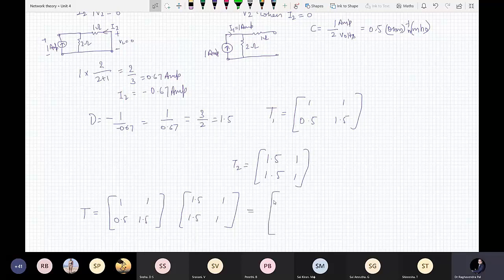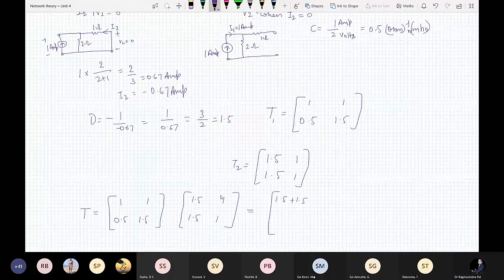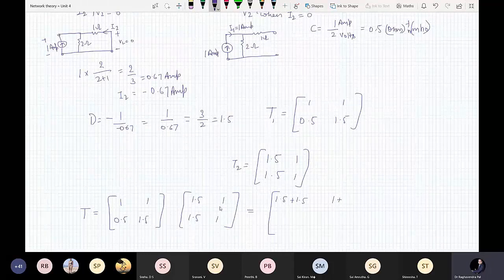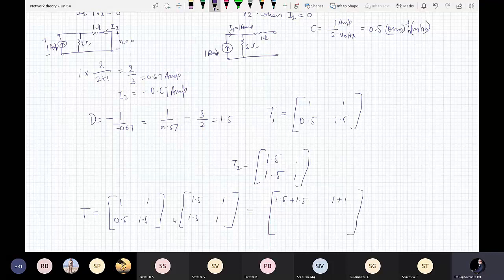Now do the matrix multiplication. How to do it? 1 into 1, 1 into 1.5, that is 1.5 plus 1 into 1.5. Correct. Now 1 into 1 plus 1 into 1. Correct. 0.5 into 1.5, that is 0.75 plus 2.25.